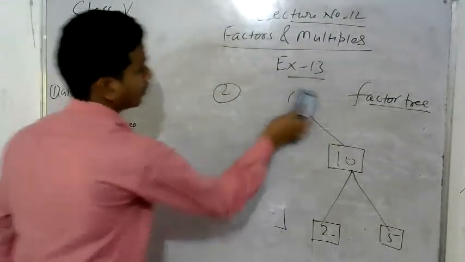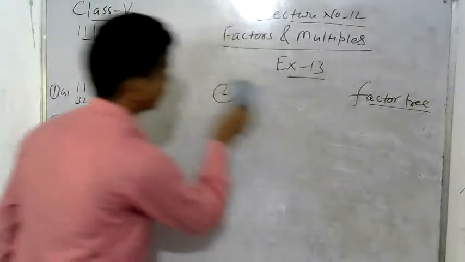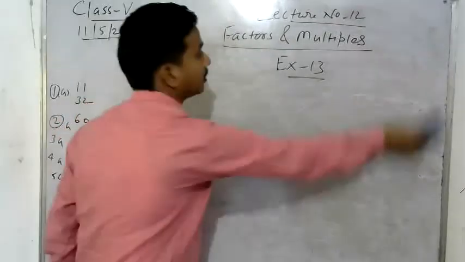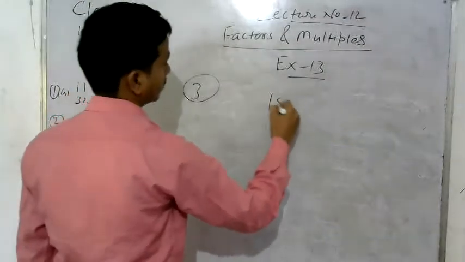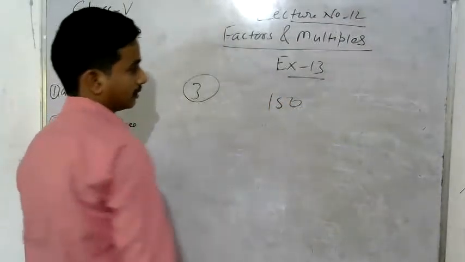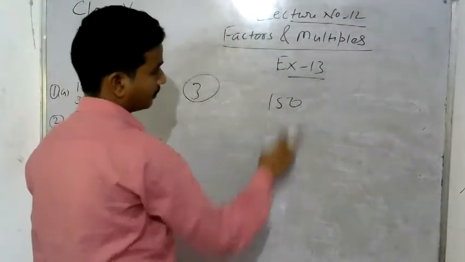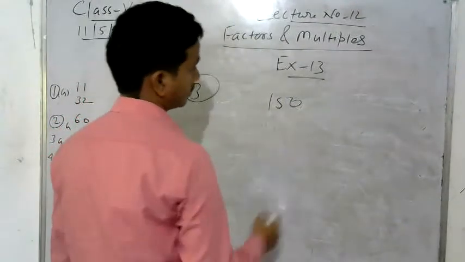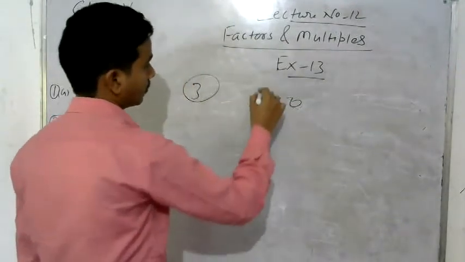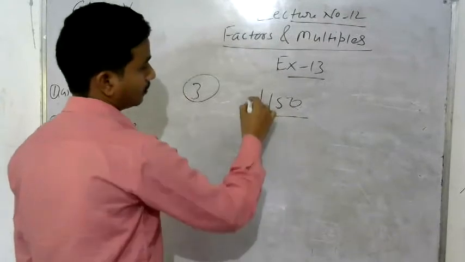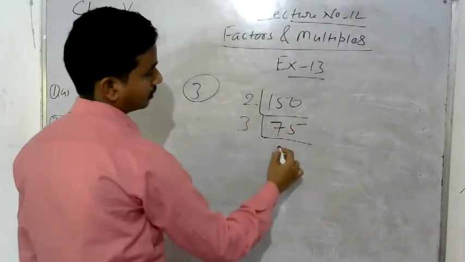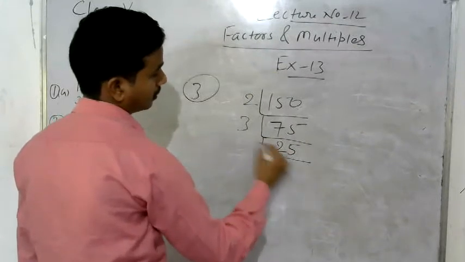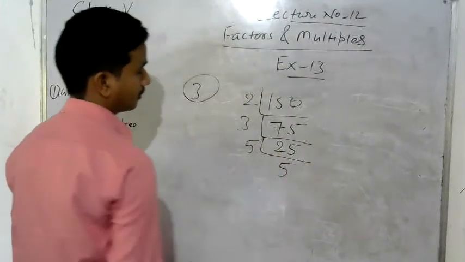Now, in question number 3, we have to find the factors of 150 using prime factorization. So what is the prime factorization? Divide it by 2, 75, by 3, 25, by 5, 5.